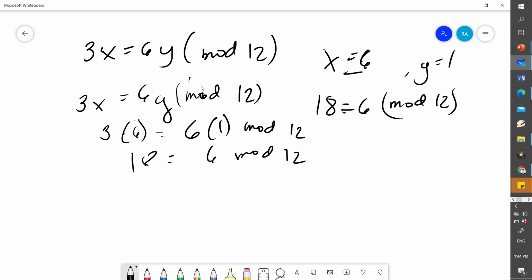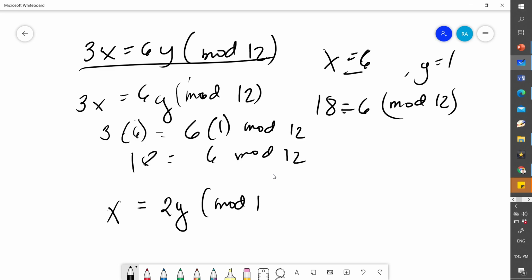But look what happens if we factor out 3 then cancel. What will happen? If we use the cancellation method, x = 2y mod 12.